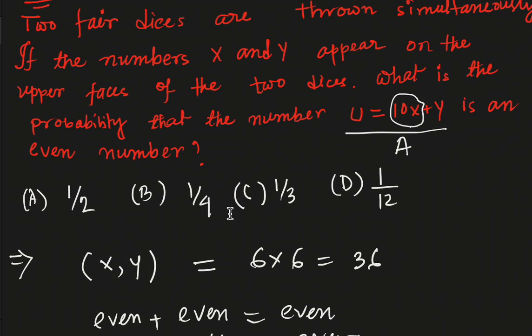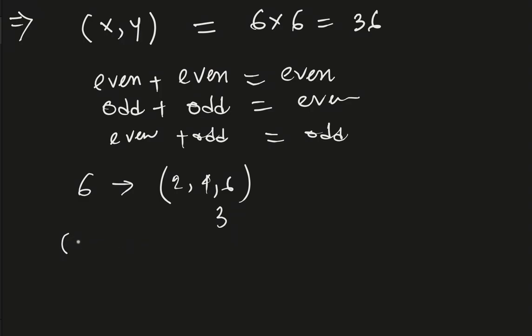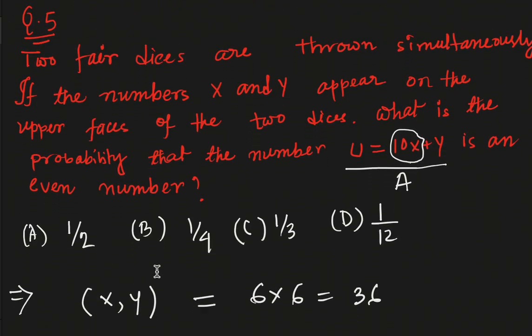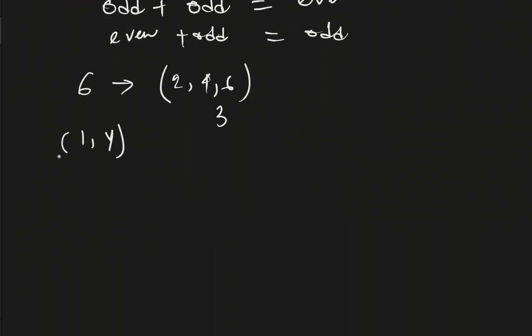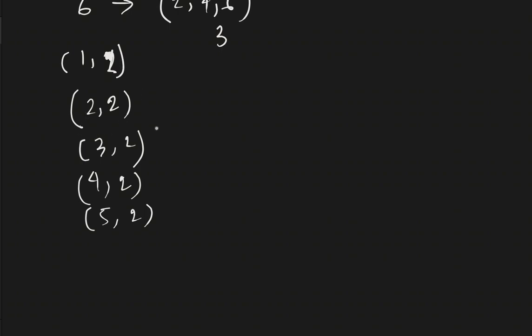Now the equally likely events are like this: in the first die 1 comes, in the second die y comes. I need an even number in the second die, so y should be 2, 4 or 6.